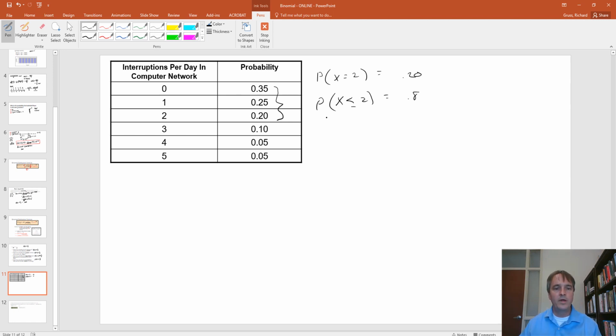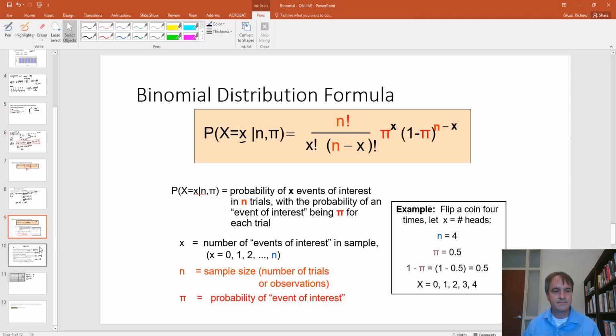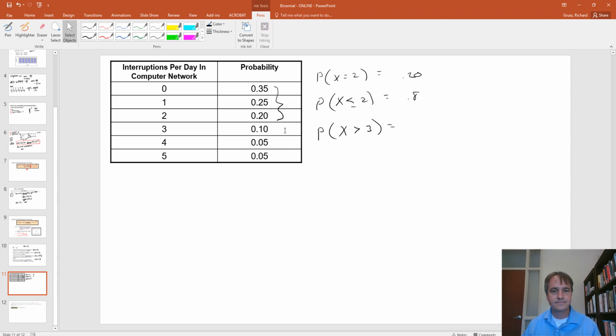Okay. Now, what if we were interested in, let's say, the probability that it's going to be greater than 3? Well, there are two ways to do this. We can add.